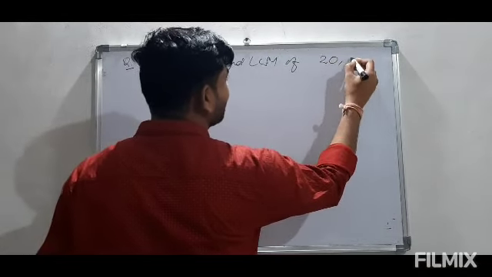So 20 is 2 into 2 into 5, and 25 is 5 into 5. If we use the fundamental theorem, we can write it as 2 power 2 into 5, and 25 is 5 power 2.